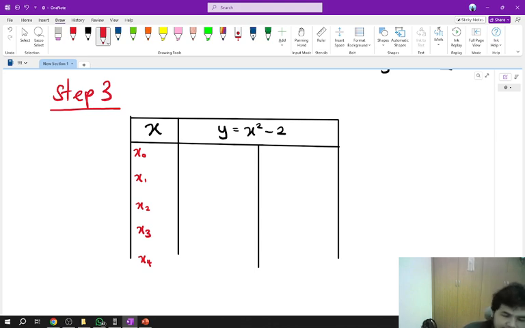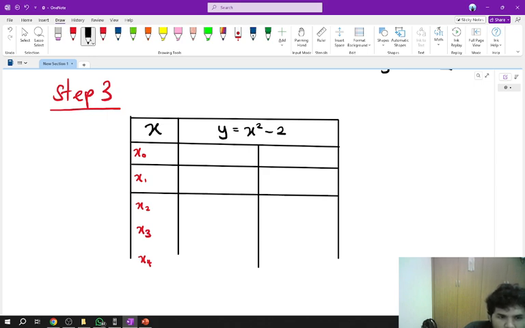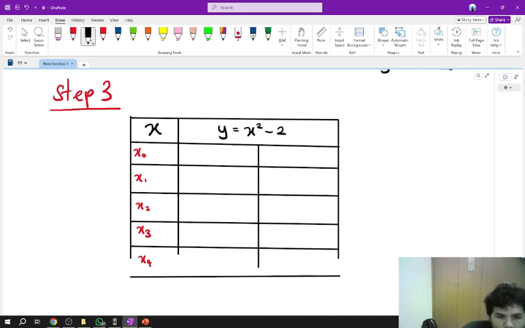Each x will result in a different value of y: x0 will give us the value for y0, x1 will give us y1, x2 will give us y2, x3 will give us y3, and last but not least, x4 will give us y4.